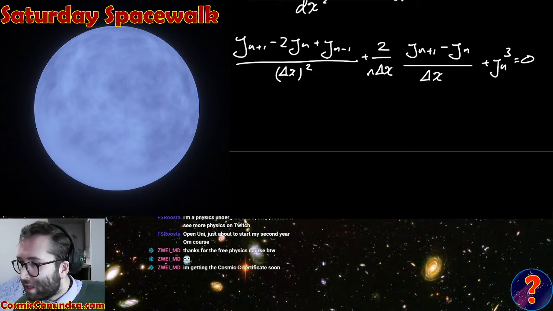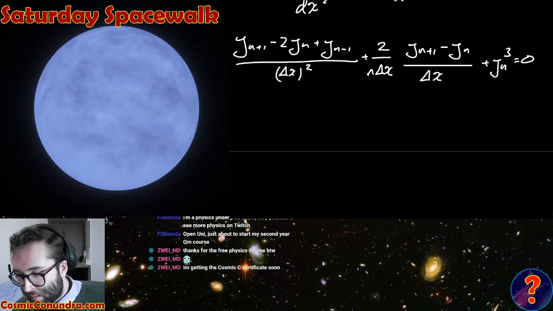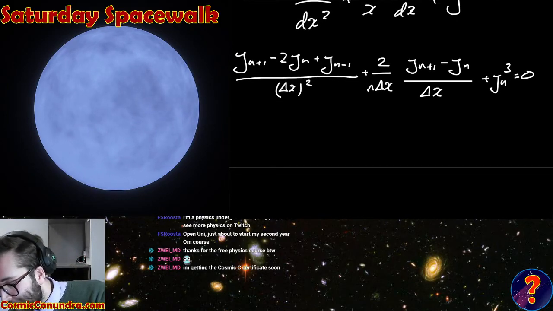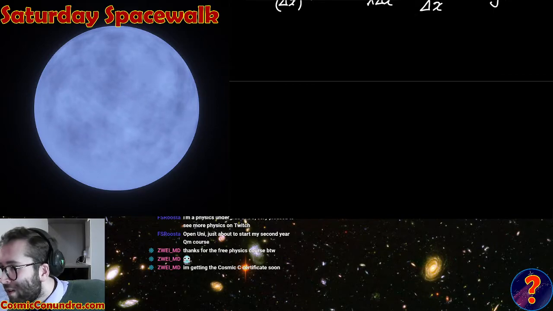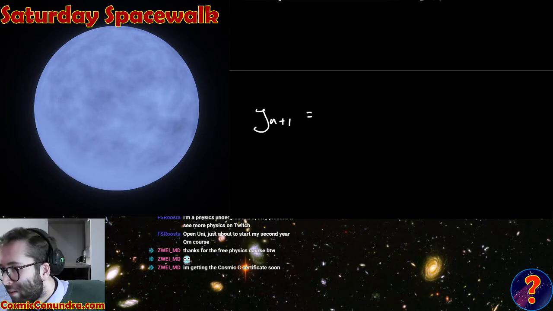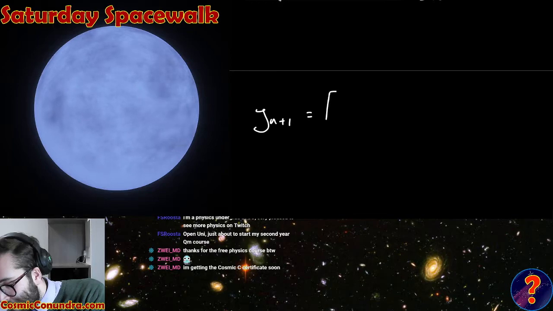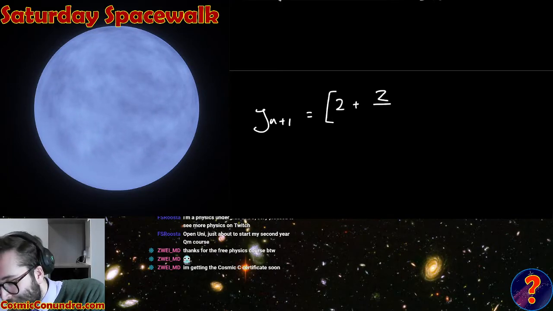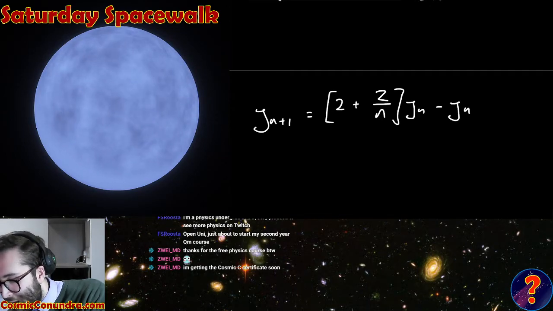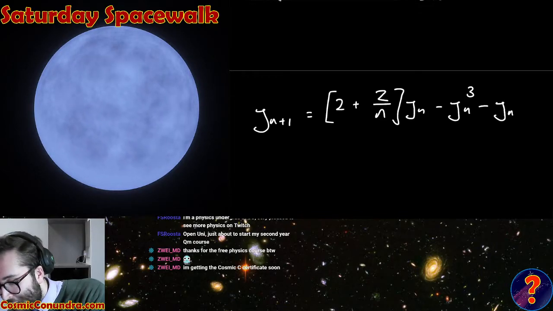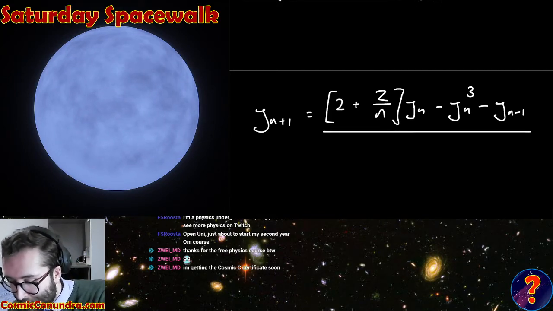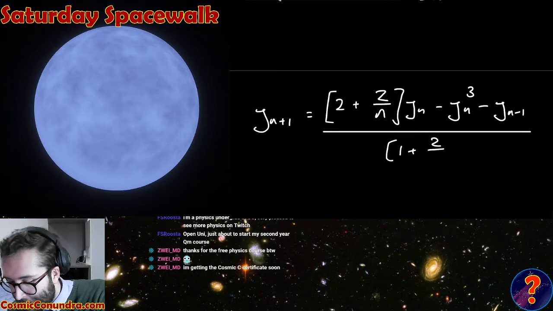So if we rearrange all of this for yn plus 1, what you find if you do this is you end up with yn plus 1 is equal to 2 plus 2 over n times yn, minus yn cubed minus yn minus 1, sorry, all over 1 plus 2 over n.